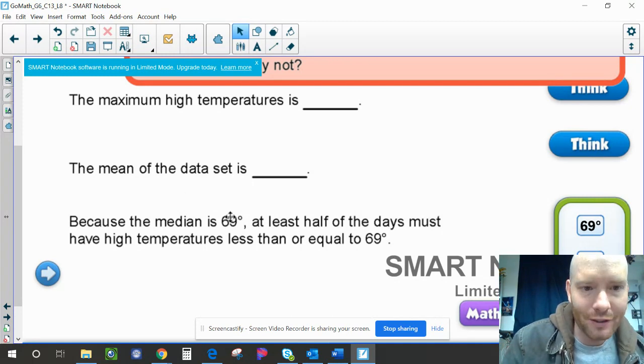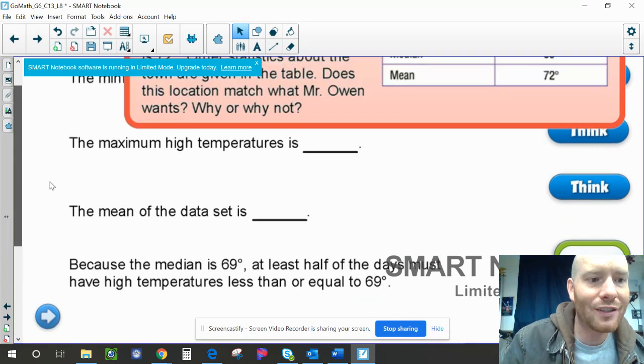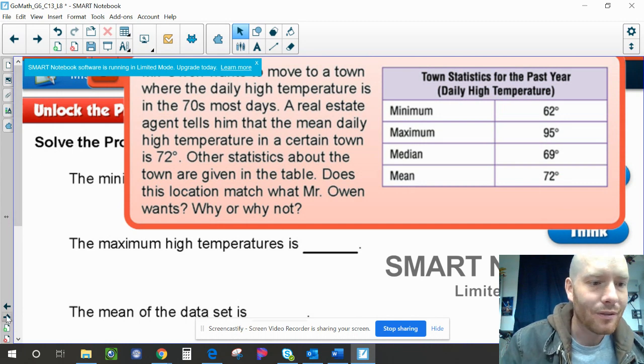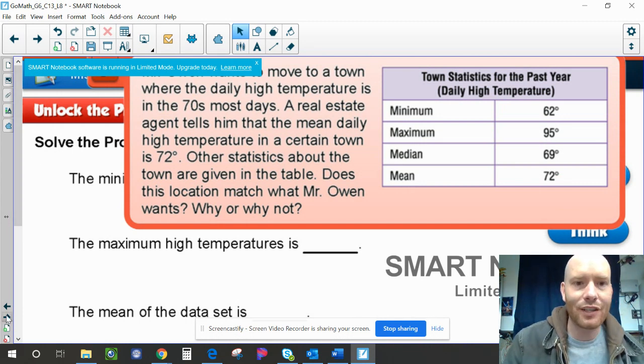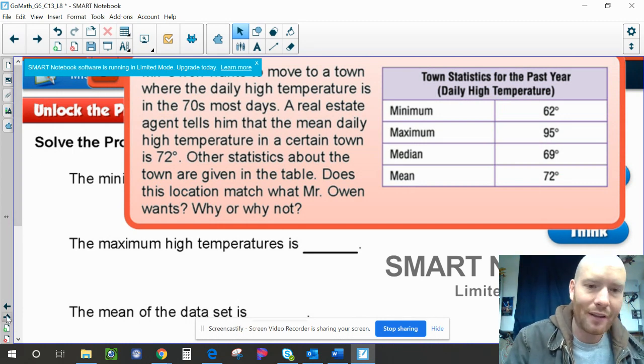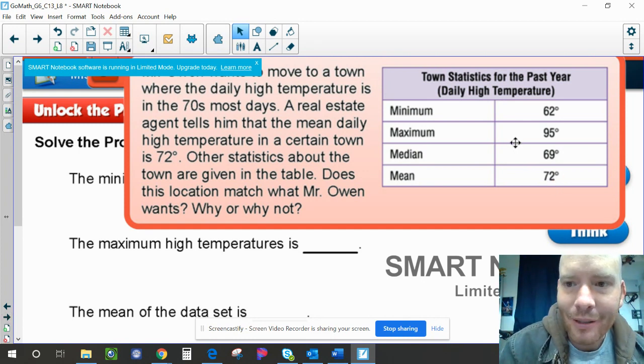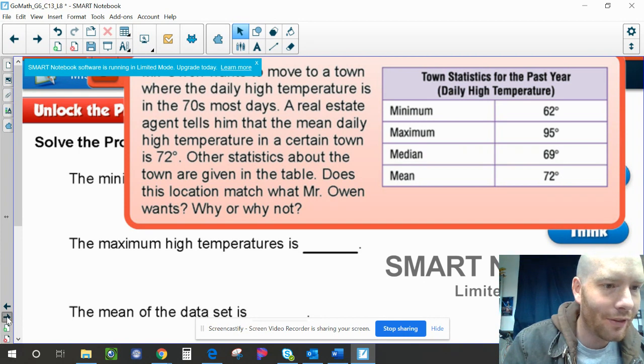So for it to work, we would have to have a whole bunch of temperatures over here that are warm rather than over here that are cold. About half the days are going to be colder than 70 degrees. So that real estate agent is trying to sell us something that we don't want. Misleading statistics. Even though our mean was 72, nope, we don't want that.